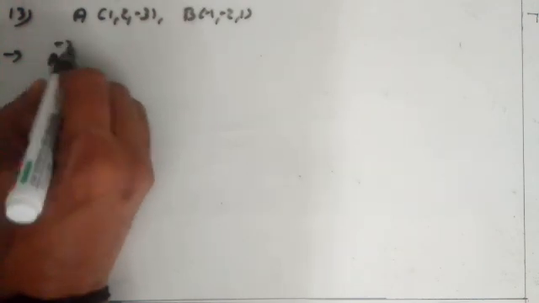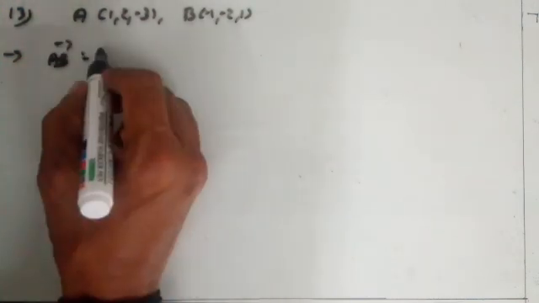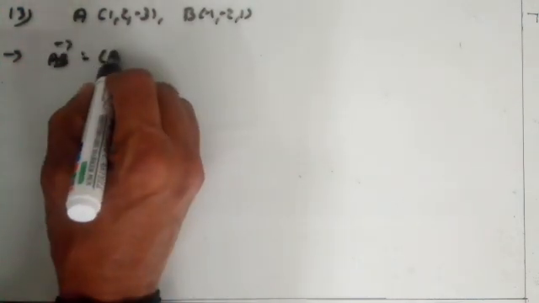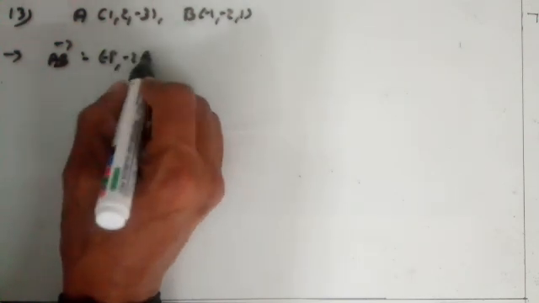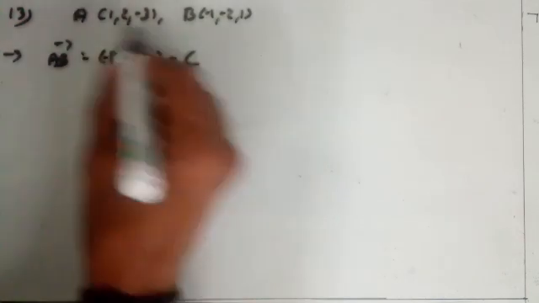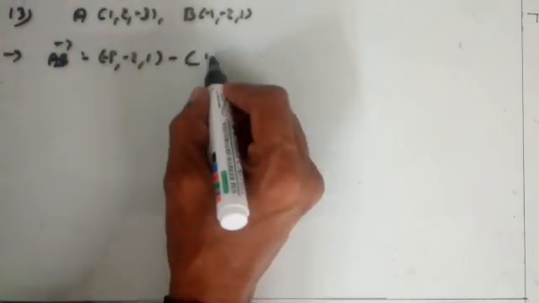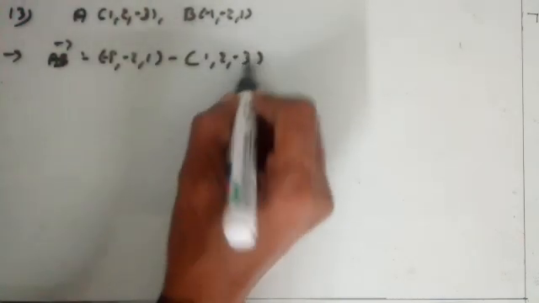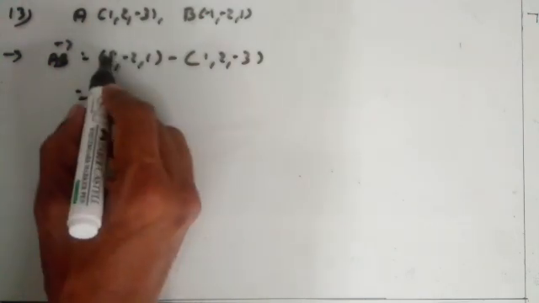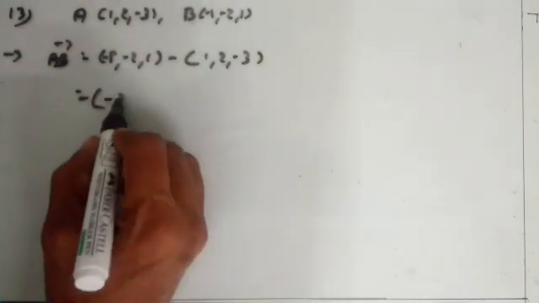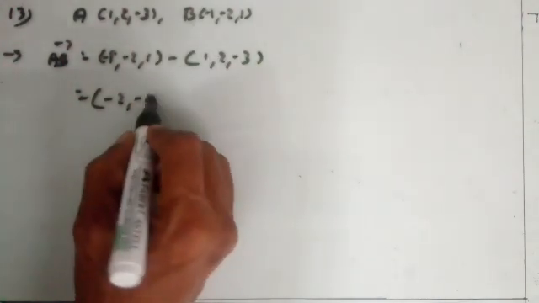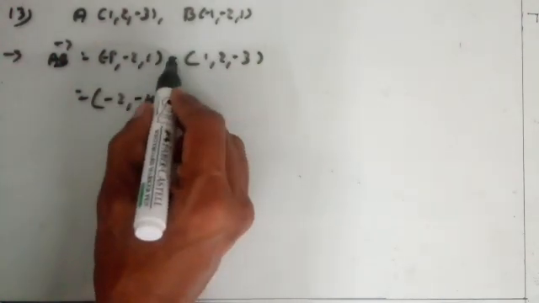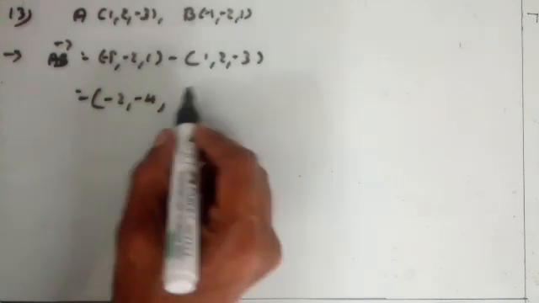Vector AB is equal to the position vector of B, that is (-1, -2, 1), minus the position vector of A (1, 2, -3), which is equal to -1 minus 1, that is -2; -2 minus 2 becomes -4; 1 minus (-3) becomes plus 4.